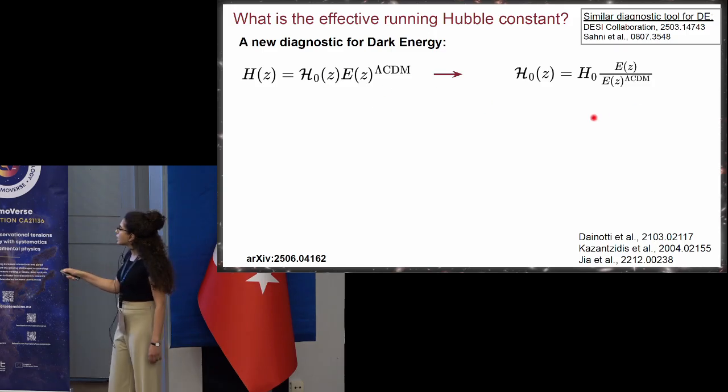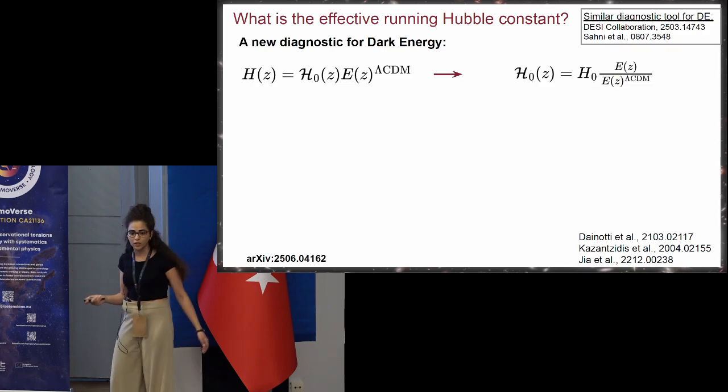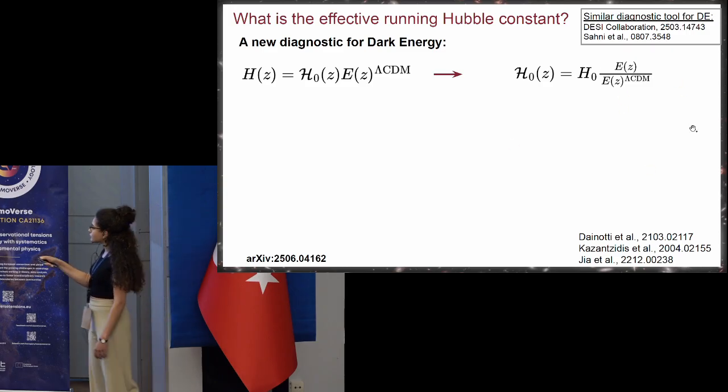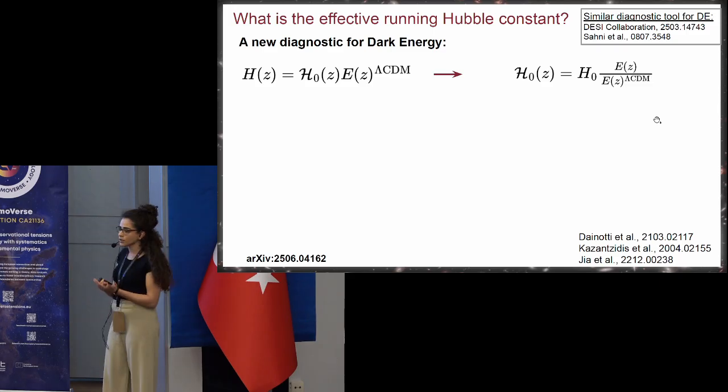In particular, we can reformulate this effective running Hubble constant as the product between H0 and the fraction between the Hubble rate parameter of a modified cosmological model and the one in the Lambda CDM model.